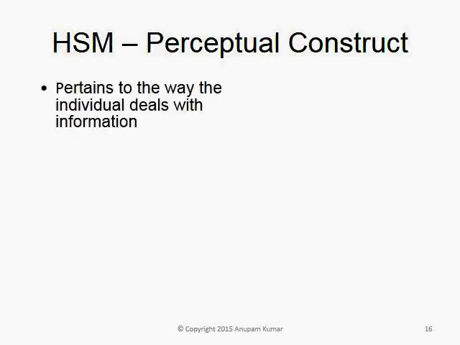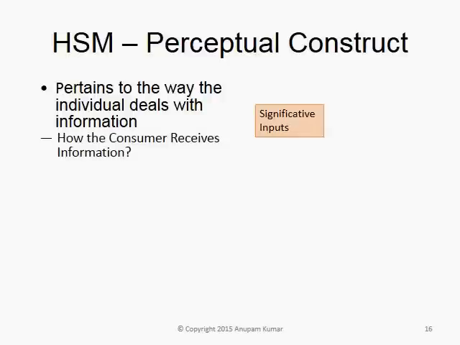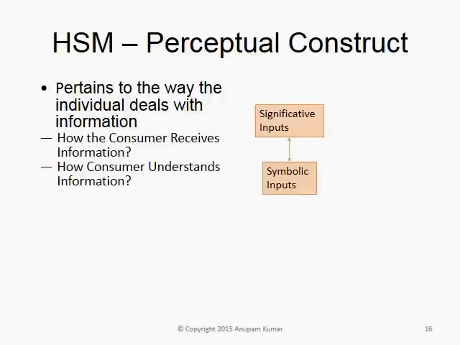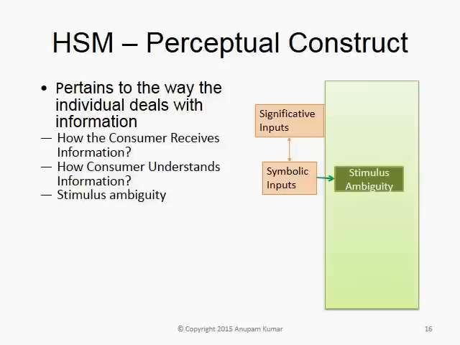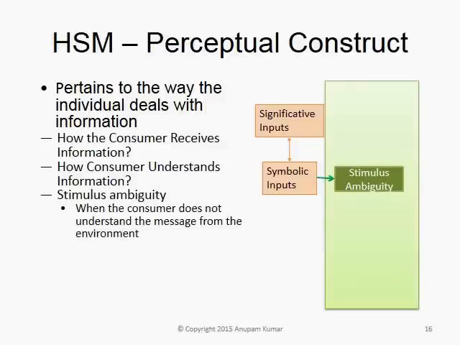So, coming back to the model, let us understand the perceptual construct. It pertains to the way an individual deals with information, how the consumer receives information and how he understands it, which in turn leads to stimulus ambiguity, when the consumer does not understand the message from the environment.